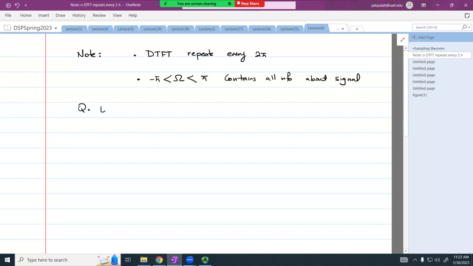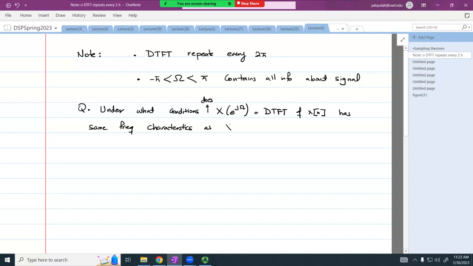So the question: under what conditions does X of e to the j omega, which is equal to the discrete time Fourier transform of x of n, have the same frequency characteristics as X continuous of j omega, which is equal to the Fourier transform of x continuous of t? Okay.